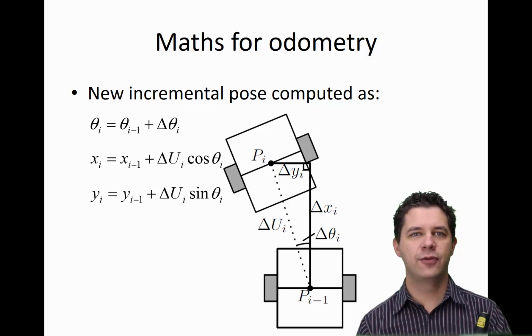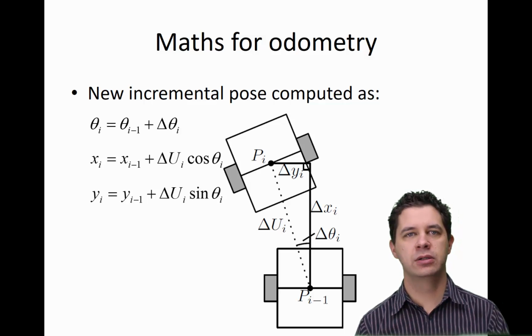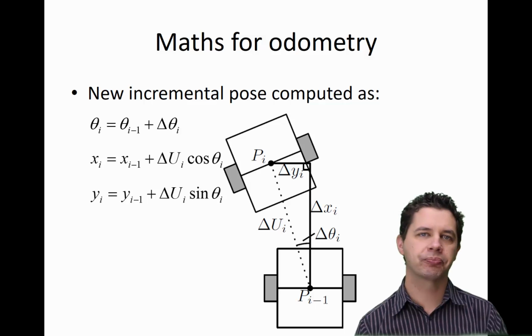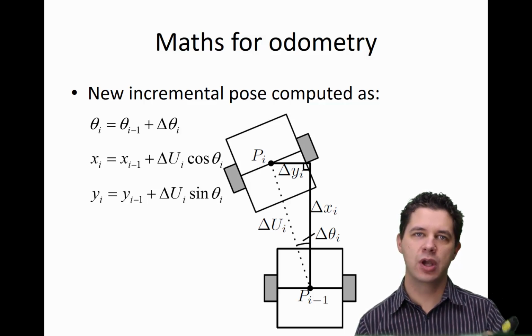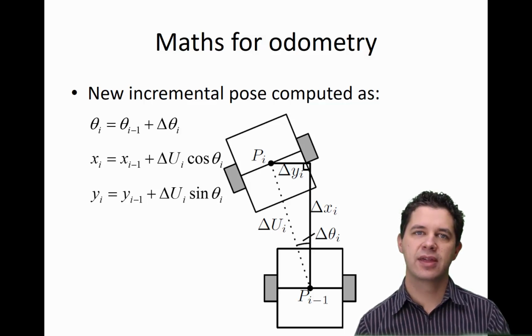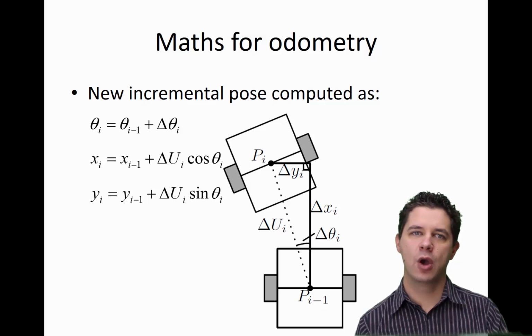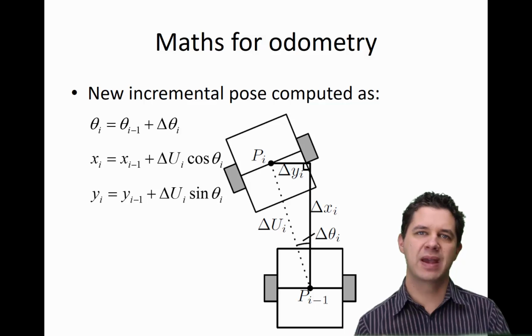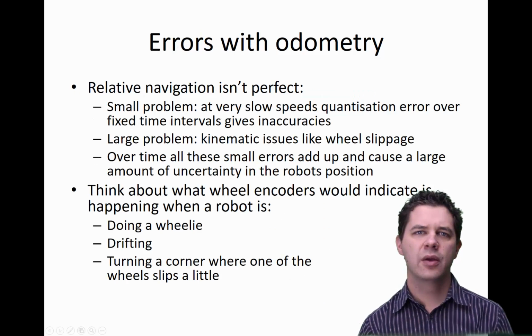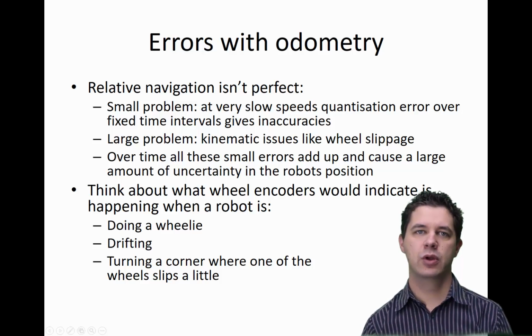And likewise for our X and Y direction in space, the new x is equal to the old x plus the new x component that we've just calculated, and likewise for y, the old y plus the new y component that we've just calculated, and that's just basic trigonometry.